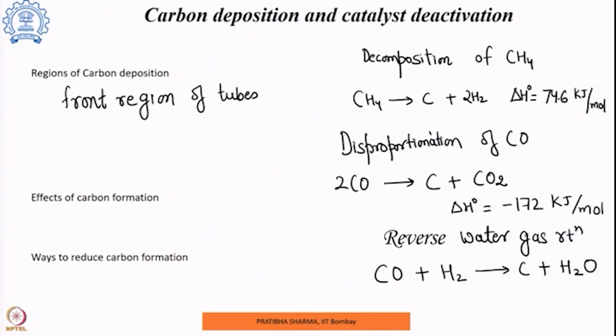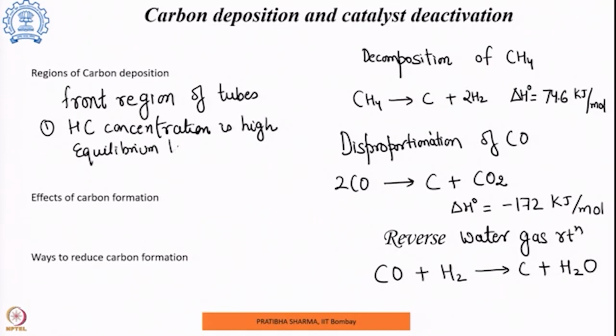If we see what are the major reasons, one is at the top of the tube the hydrocarbon concentration is highest. However, the equilibrium is low at that region. The system has not reached equilibrium. So, equilibrium conditions are not maintained. However, the hydrocarbon concentration is high at that place.